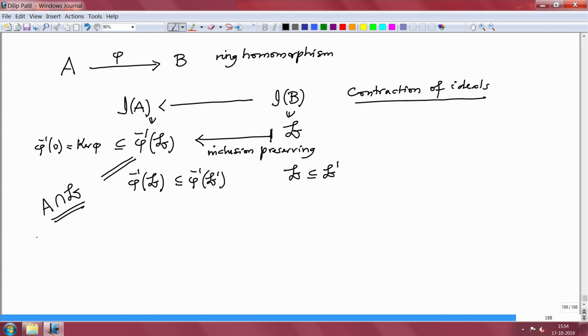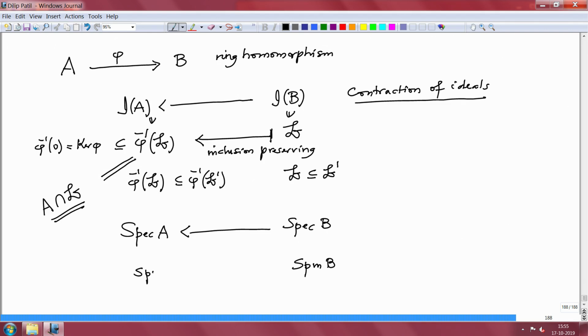Alright, that was one thing. And yesterday we have noted that contraction of a prime ideal is a prime ideal. That means this contraction map induces a map on the spec level. But it does not induce a map on the maximal ideal level, because we saw that contraction of maximal ideals need not be a maximal ideal.